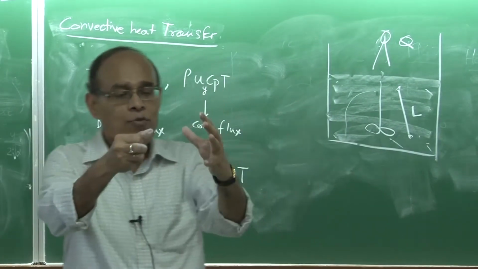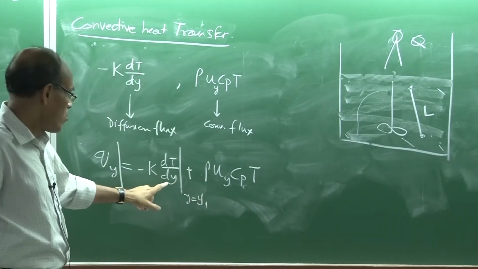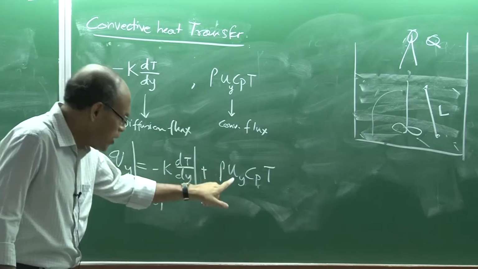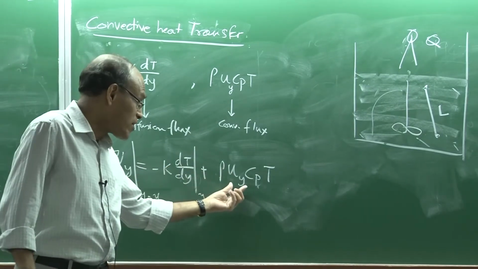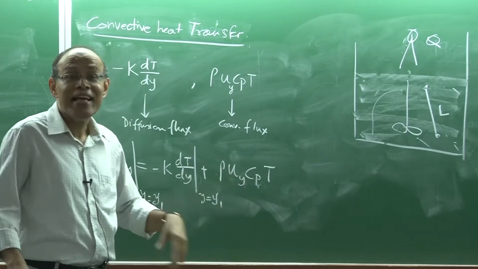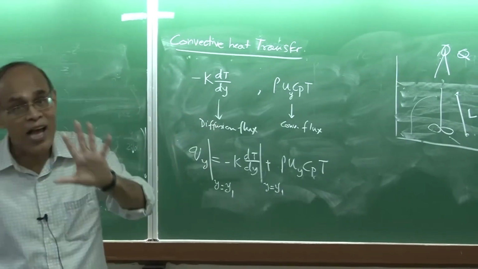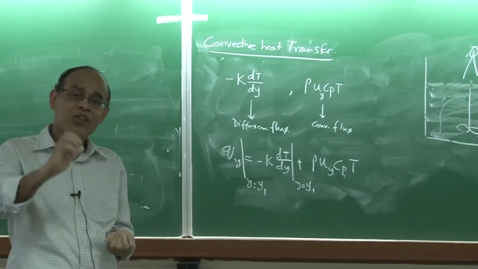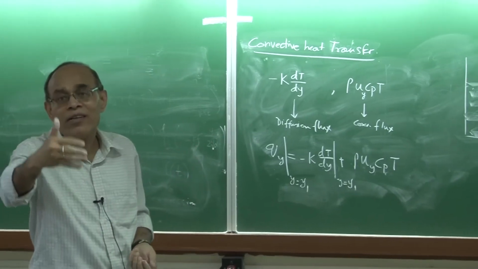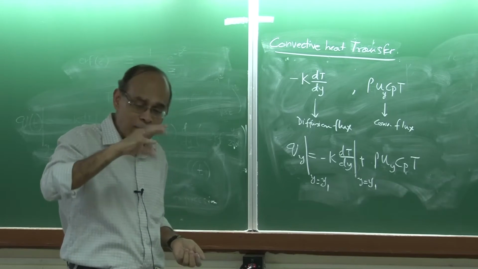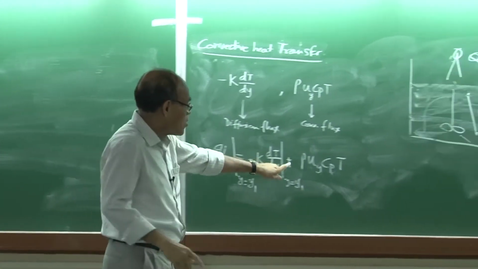So, we can have a governing equation of heat transfer where both convection and diffusion conduction are taken into account, and to know this we have already discussed fluid dynamics. A prescription for Uy is possible provided we solve the Navier-Stokes equation. This I have already discussed, and that is why our discussion always starts with fluid flow and then we talk about heat transfer as well as mass transfer, because calculation of convective heat and mass transfer will require fluid flow, and unless we know how it can be calculated.